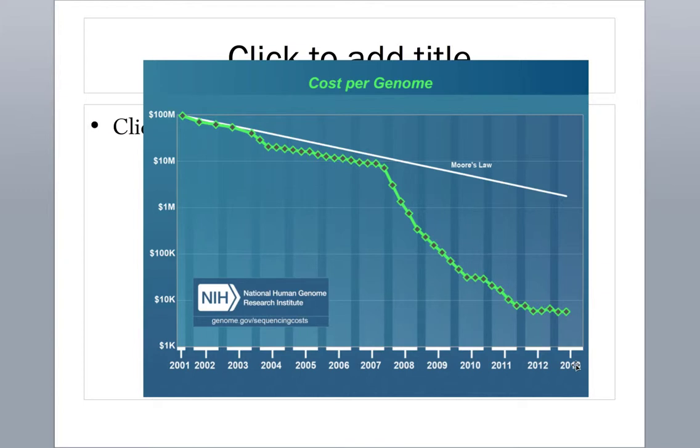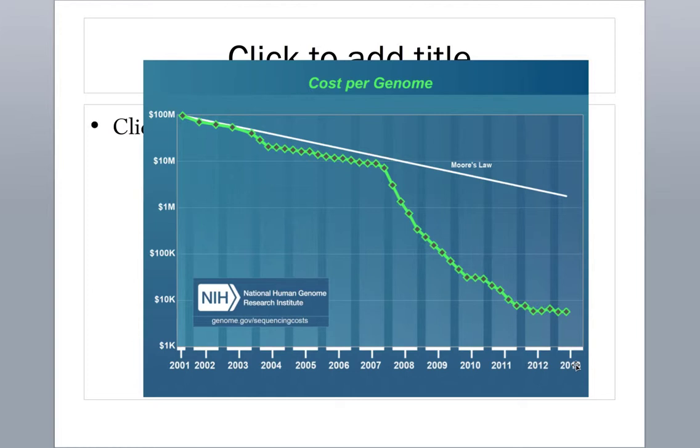We did a sequencing project for one of our clinical studies. We had to give them, I think, three genomes, and the cost per genome was about $4,000 at that point, two years ago.